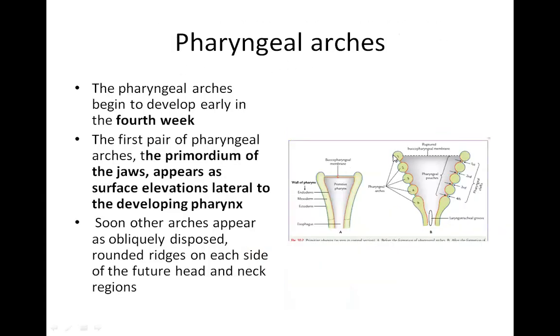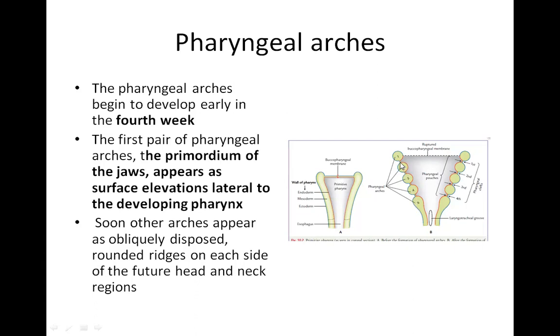Then we have the pharyngeal arches. The pharyngeal arches start developing at the 4th week of intrauterine life. The first pair of the pharyngeal arch will form the primordium of the jaws, and they appear as a surface elevation lateral to the pharynx. Then soon it is succeeded by the appearance of the other arches, which are disposed obliquely.